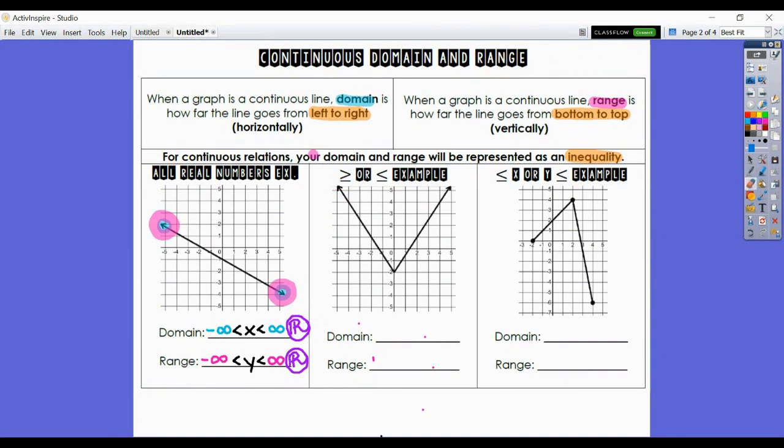For our next example, again, we want to go ahead and fill in the less than x being less than and less than y for range being less than. X is for domain, y is for range. We look left to right for domain. Highlighting what's on the left, we have an arrow. It's going left and up.